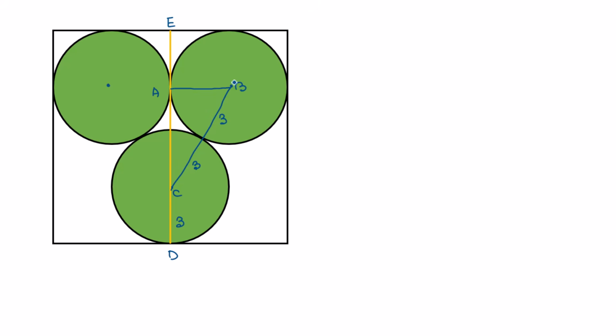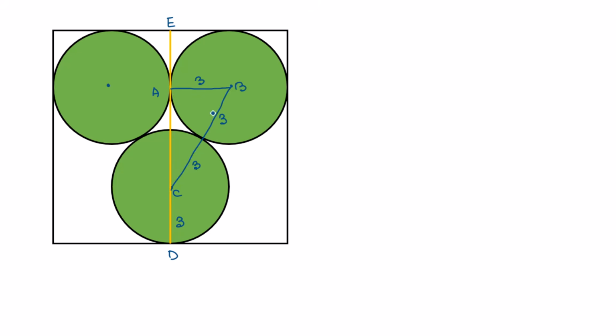So the total length of BC is 6 units, and AB is the radius of this circle, so this is also 3. Now we can find the length of AC by applying Pythagoras theorem in triangle ABC.